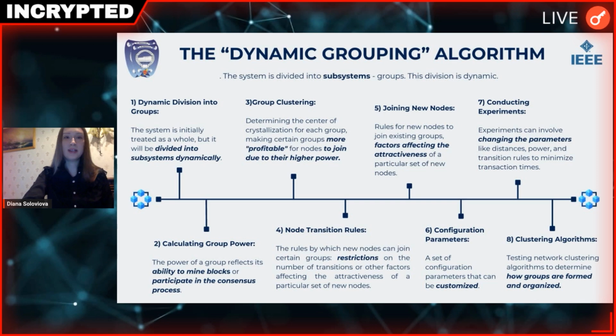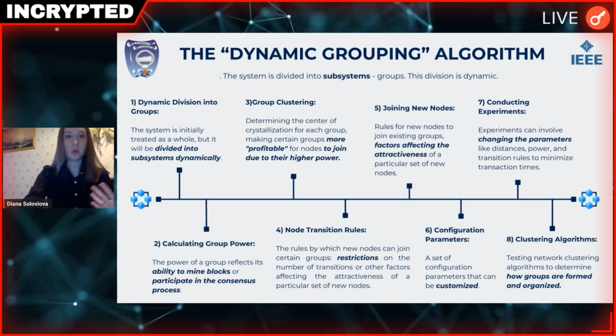And now let's speak about the dynamic grouping algorithm, which is the idea for solving the problem with proof of work. The system is divided into subsystem groups, and this division is dynamic. Firstly, the system is initially treated as a whole, but it will be divided into subsystems dynamically.